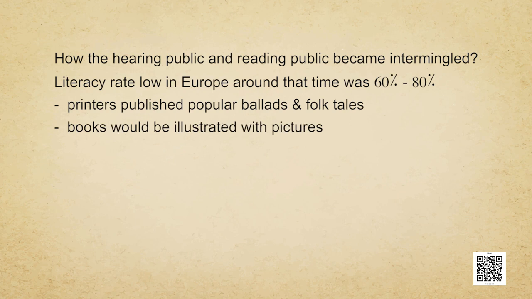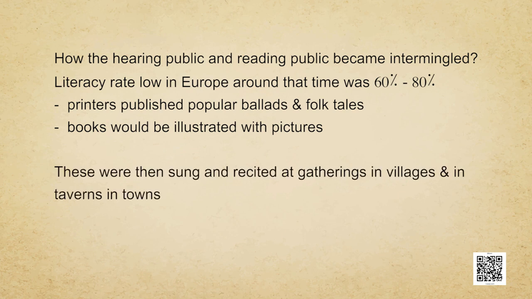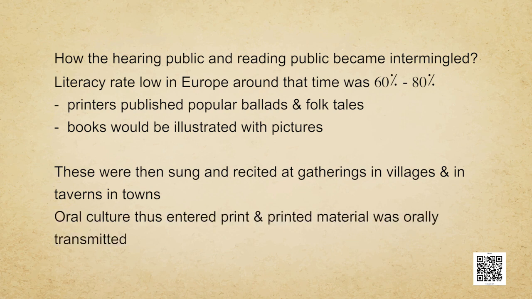Then books would be illustrated with pictures and they looked beautiful. They were then sung and recited at gatherings in villages and in taverns in towns. Oral culture thus entered print and printed material was orally transmitted.